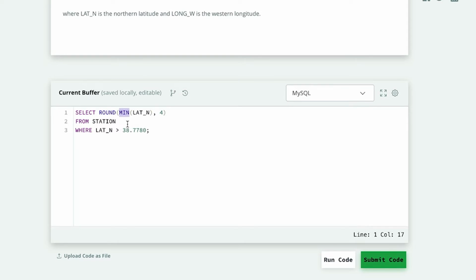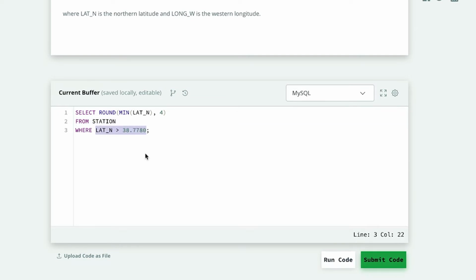As we have to round our answer to 4 decimal places, we will write SELECT ROUND(MIN(LAT_N), 4) in the first line. We are using the station table, so in the second line we will write FROM STATION. We want our result for those values which have a northern latitude greater than 38.7780.